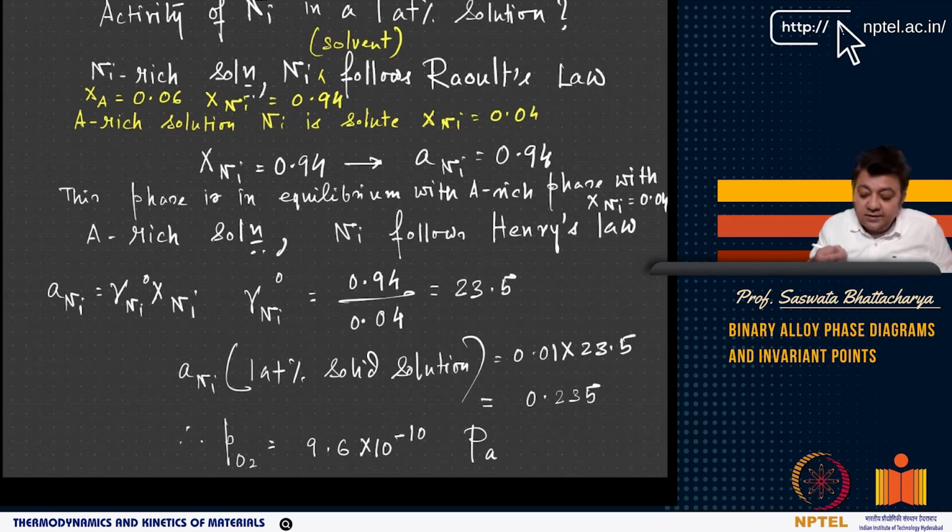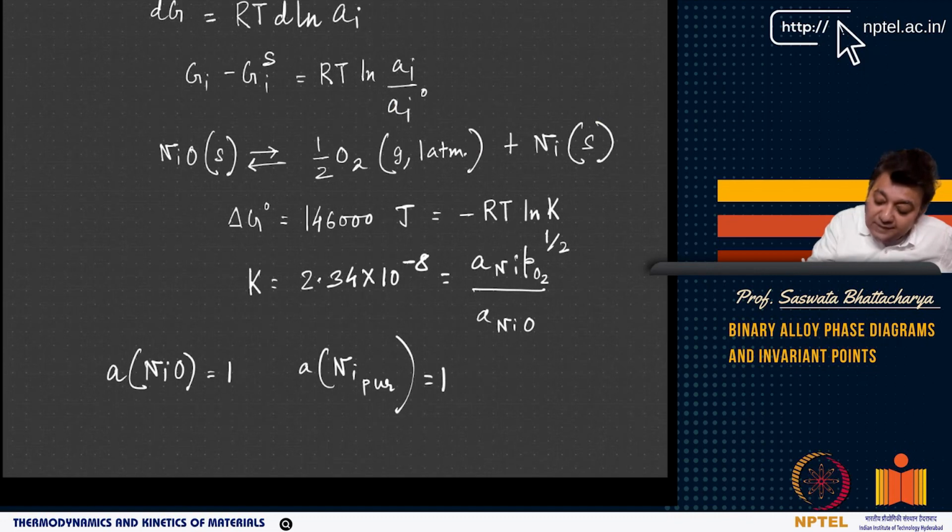aNiO is basically 1, since pure NiO has activity 1. So if you plug in, aNi is 0.235, PO2 to the power half, and K is this value, which comes from delta G equals minus RT ln K. So this is 1, this is 0.235, and this is PO2 to the power half.